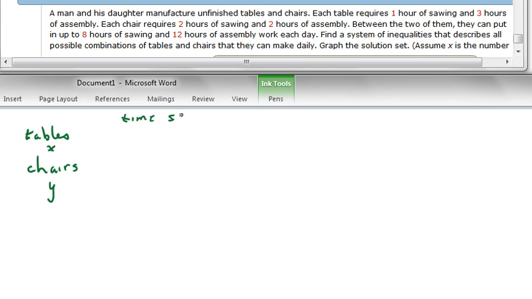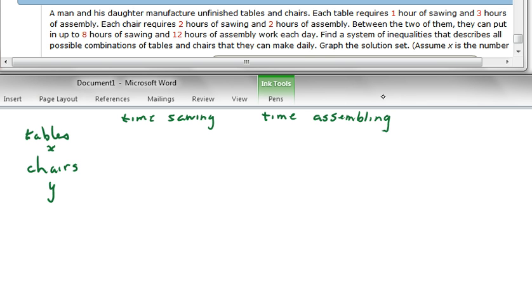for sawing and a time for assembling. So going back to read those sentences again, each table requires 1 hour of sawing and 3 hours of assembling.